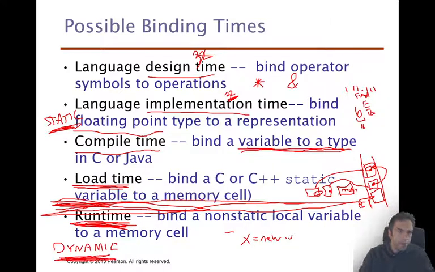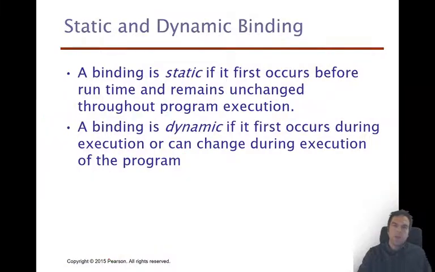Given this input, what do you predict the output is going to be, or what sequence of states is it going to go through? So, to make those words concrete, static is anything that happens before runtime and dynamic is anything that happens after you begin running. Before runtime, static binding. After you begin running, dynamic binding, right?